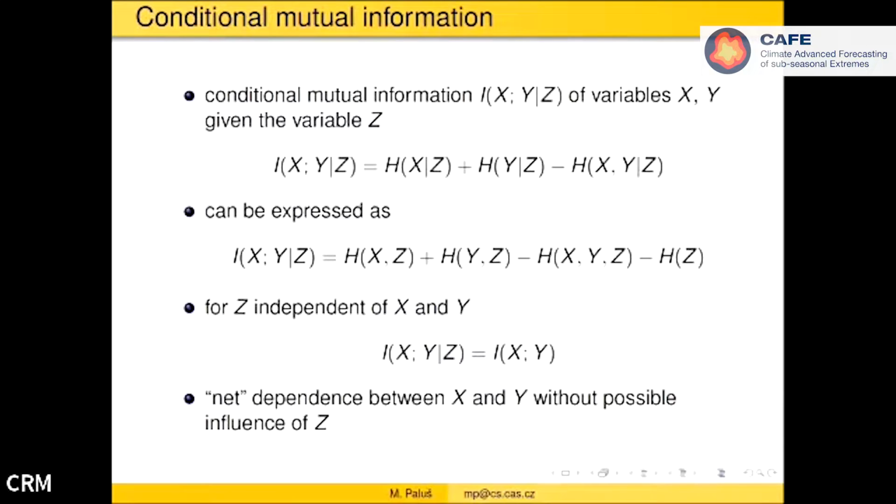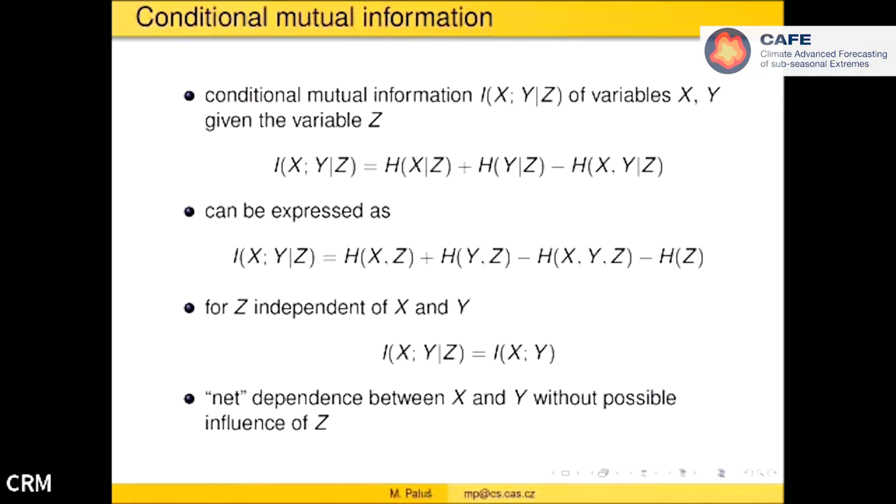We will also use something called conditional mutual information, a measure of dependence between two variables given a third variable. It's something like what Dim mentioned with partial correlation: if you would like to find a relation between two variables and remove the possible influence of the third, we use this conditional mutual information, which can also be expressed in entropies.